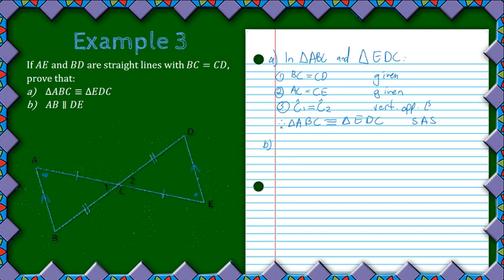To write that down, we're going to say that we've just proven that triangle ABC is congruent to triangle EDC. So therefore, we have that angle A is equal to angle E. But they are alternate angles.